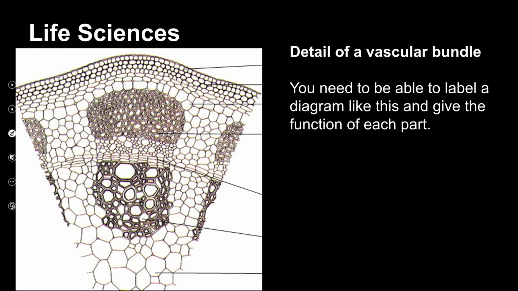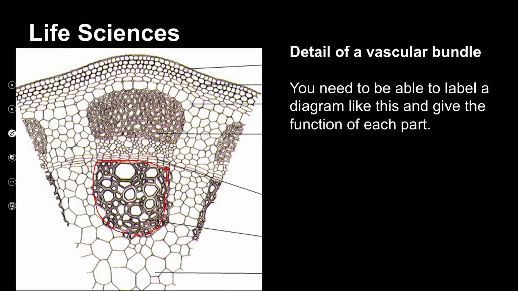Next picture we're going on to is a drawn diagram showing the detail of a vascular bundle, and let's see if we can pick up the different parts from this. Easiest one is always xylem.